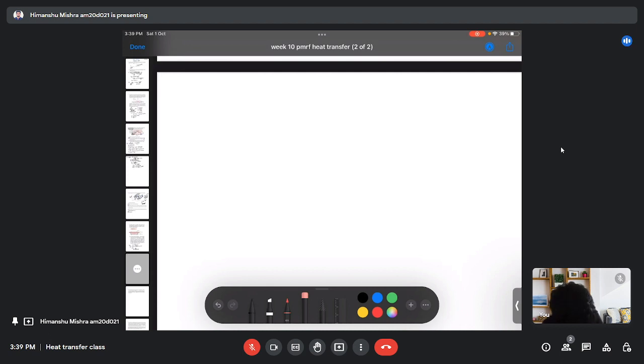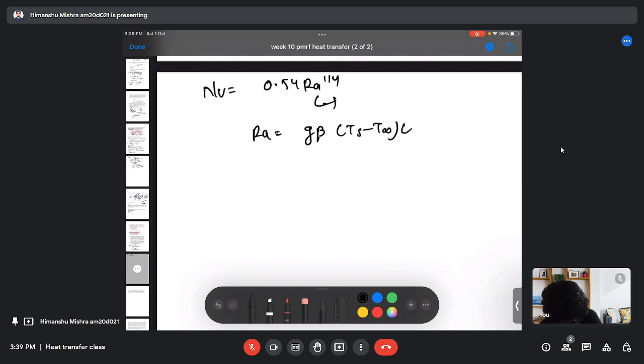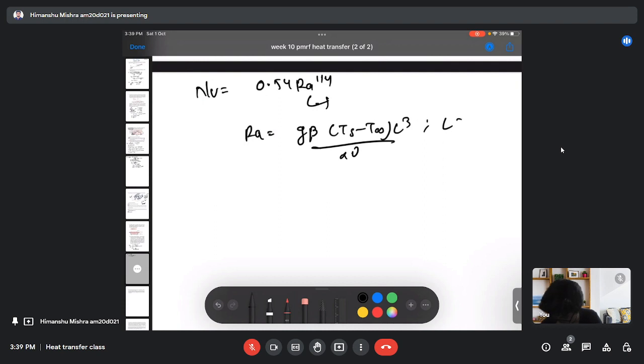For natural convection, my Nusselt number will be given as a function of the Rayleigh number. I can find my length as the ratio of the surface area and the perimeter.